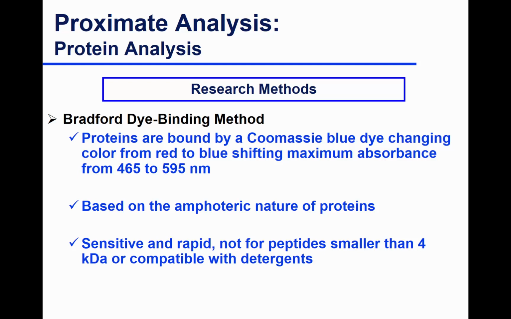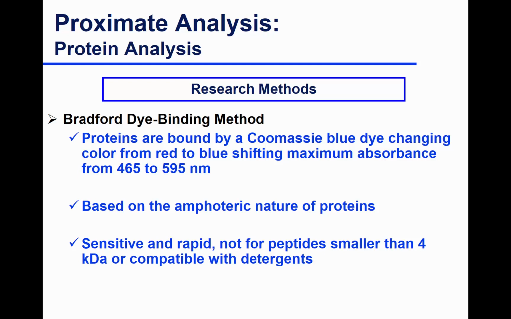And then here what happens is that proteins in general can bind dye, the Coomassie blue dye, changing its color from red to blue. And then you can measure absorption in the range of 465 to 595. The interaction of the Coomassie blue with the protein is based on the amphoteric nature of the protein. That means having the base and the acid in there.